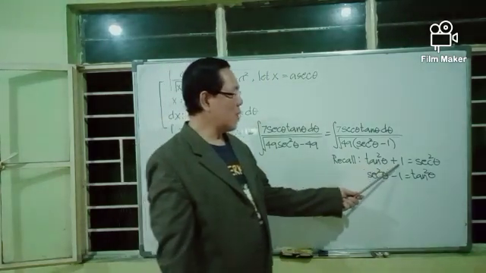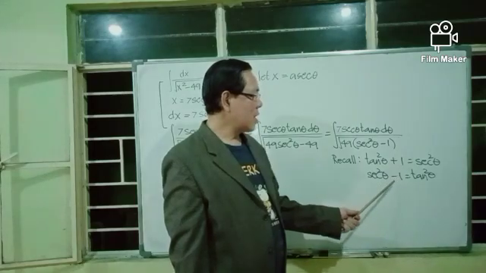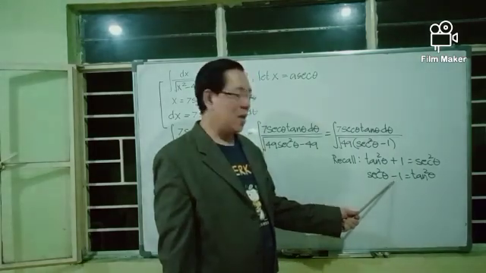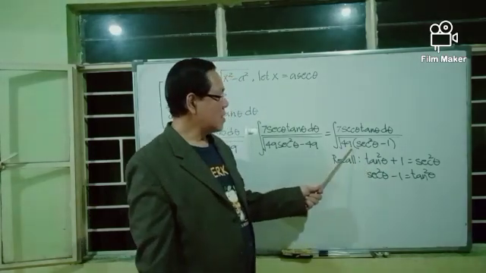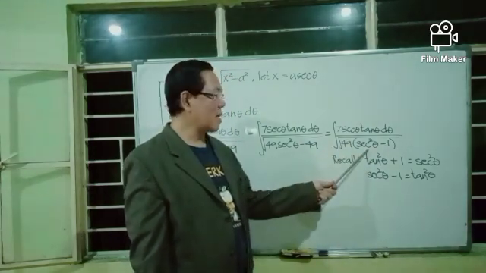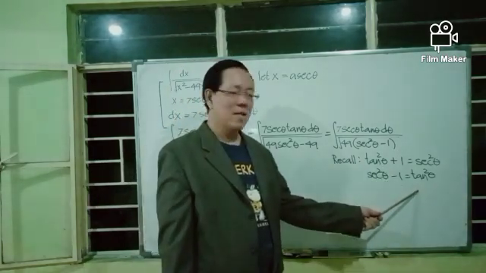Again, we transpose 1 to the right hand side. We take the opposite sign of positive. And we get secant squared theta minus 1. And at the left hand side, we have tangent squared theta. In this expression now, we replace secant squared theta minus 1 with tangent squared theta.